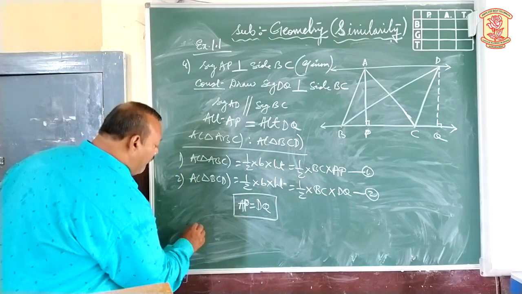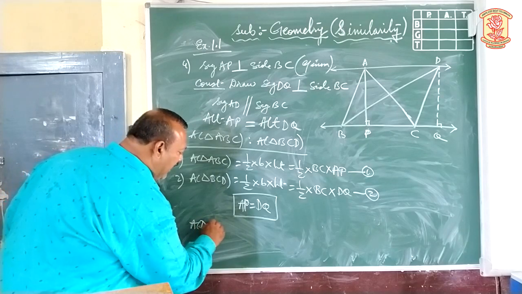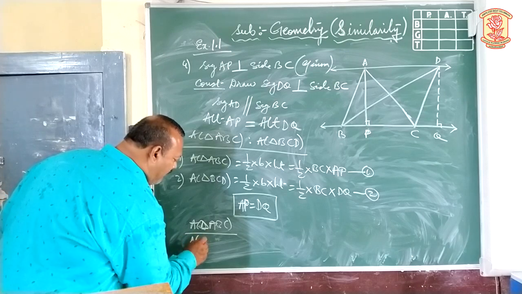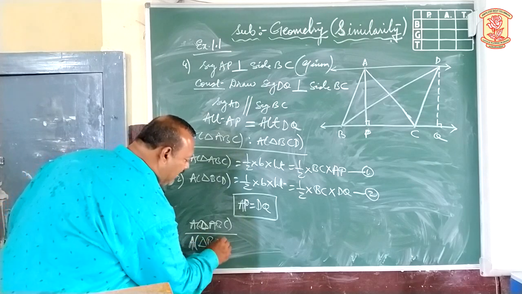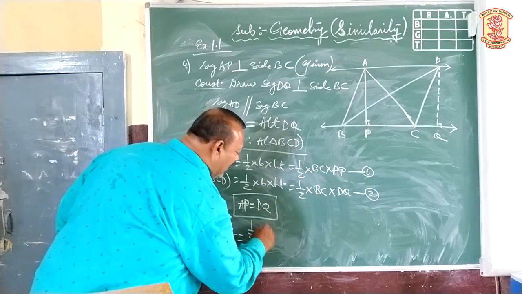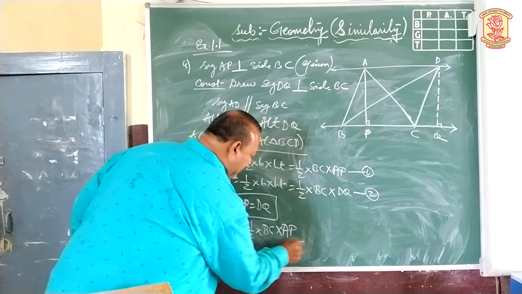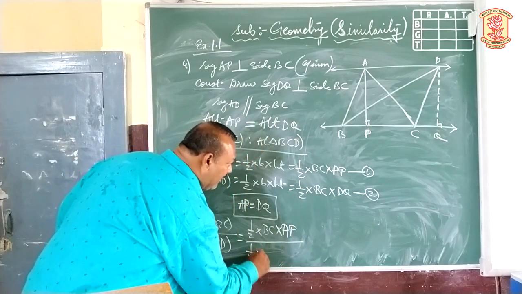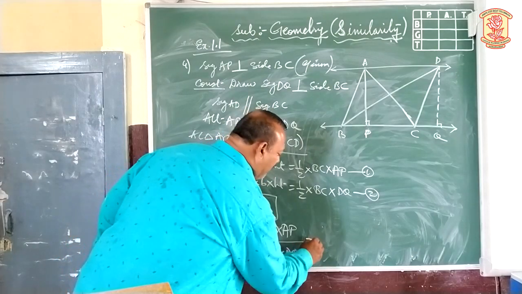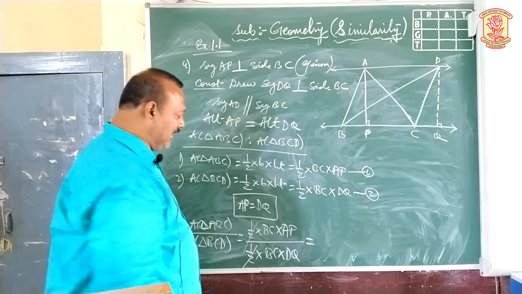Now, the ratio of area of triangle ABC to area of the other triangle BCD equals half into, from equation 1, BC into AP, and the second one half into BC into DQ. Now half and half get cancelled.